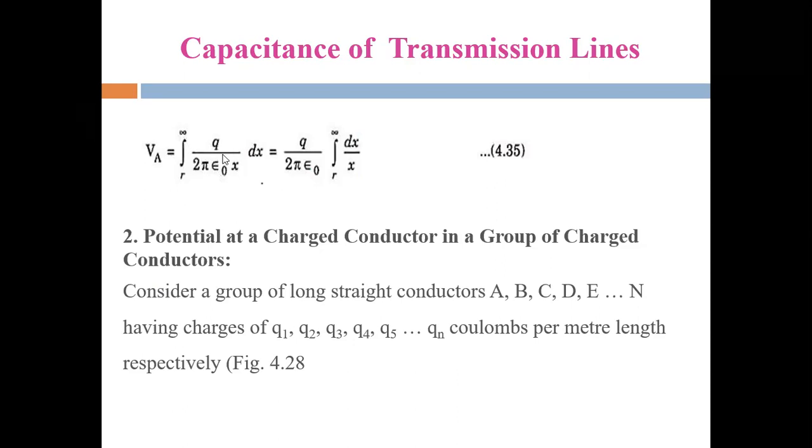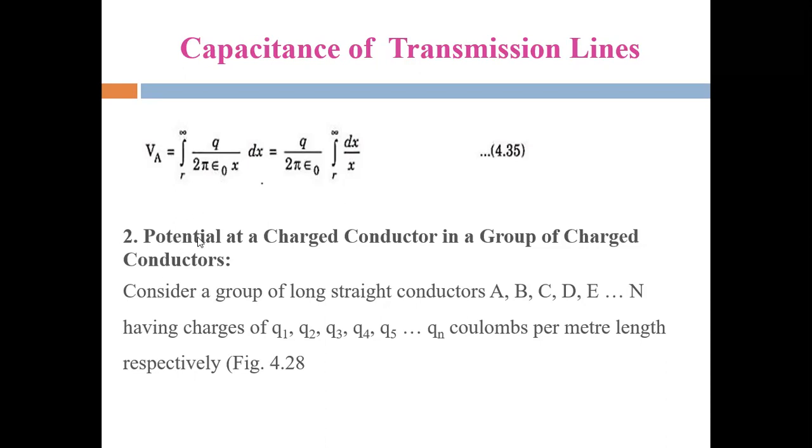The electric field intensity is q by 2 pi epsilon naught epsilon r x, multiplied by dx, and then we integrate with respect to x.